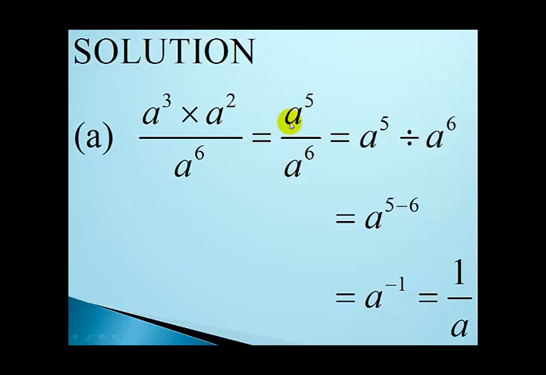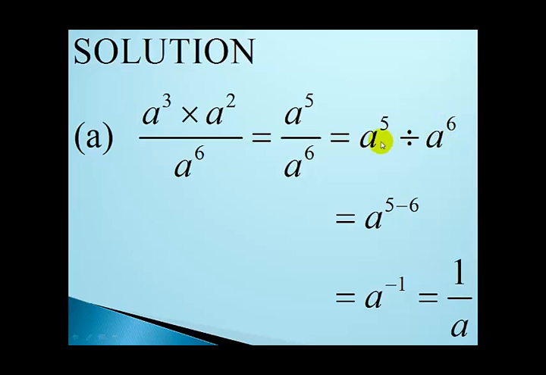Now a^5 divided by a^6. These are variables of the same base, and the base is a. Because the numbers are dividing, according to the second law, we subtract the exponents.